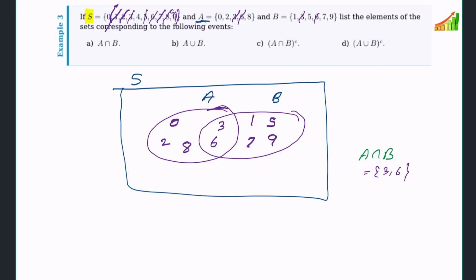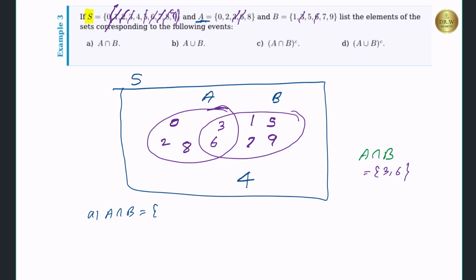We have all elements already in S within the two circles, except 4. Therefore, 4 is not in A and not in B, so 4 should be outside of the circles. So this is the complete Venn diagram for this problem. Then you can write the elements. As for A intersection B, you know the area of A intersection B.